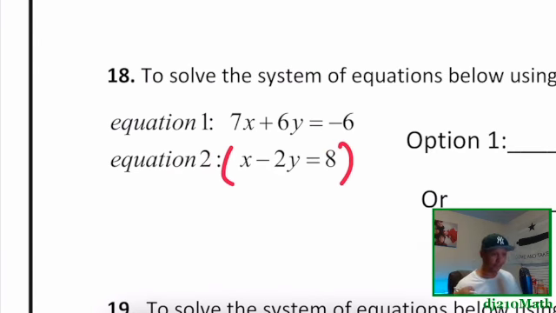One positive, one negative. So I don't see anything that's the same, but I do see a positive and a negative, right? This is positive and this is negative. So that's what my eyes go towards. So I'm like, okay, I'm going to work with Y on this. So now I need to make them the same coefficient.